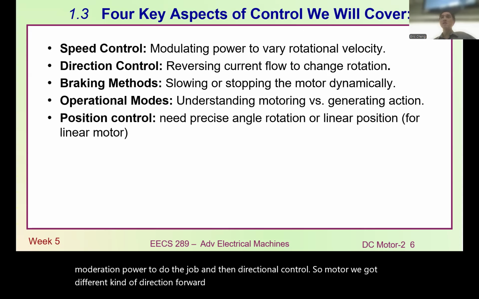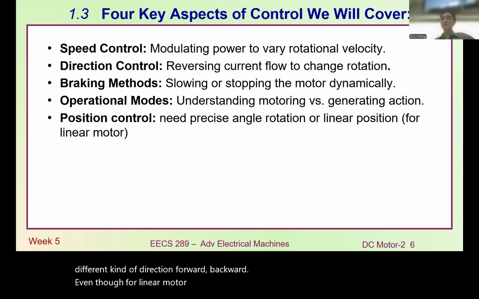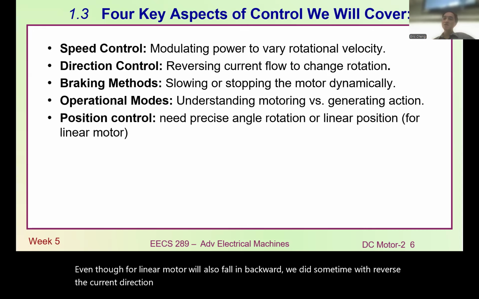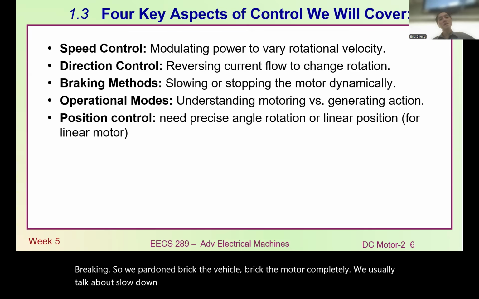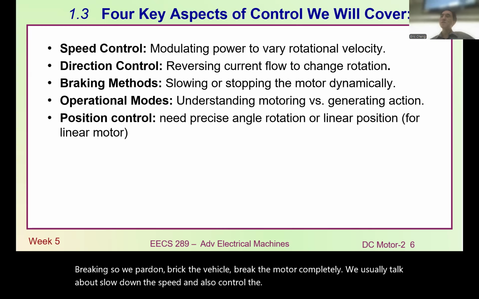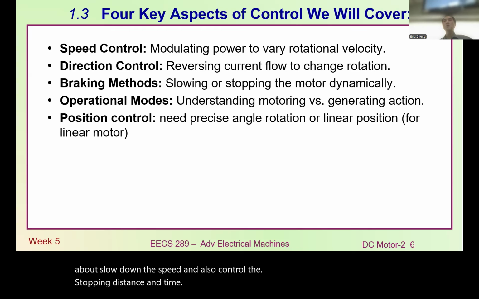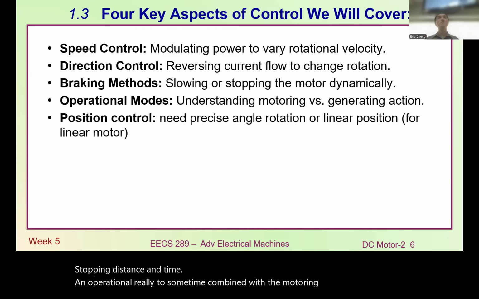Even for a linear motor, we sometimes need to reverse the current direction to assist the motion. Braking: rather than brake the motor completely, we usually talk about slowing down the speed and controlling the stopping distance and time. And operation, where we sometimes combine motoring and regenerative together.